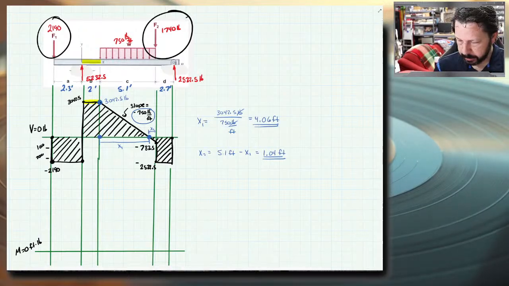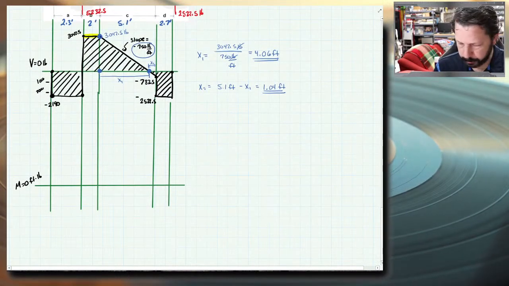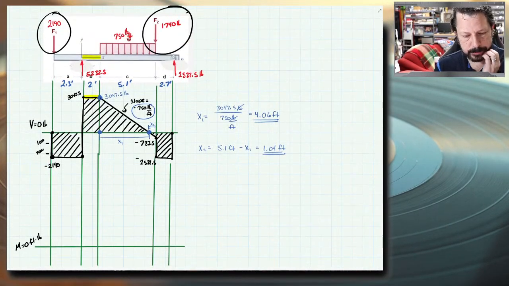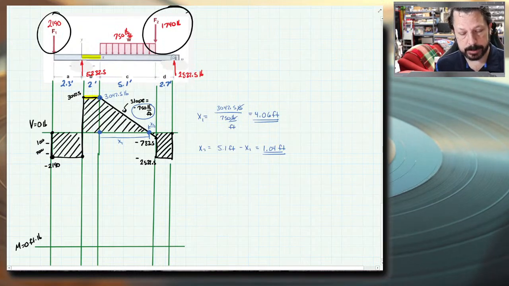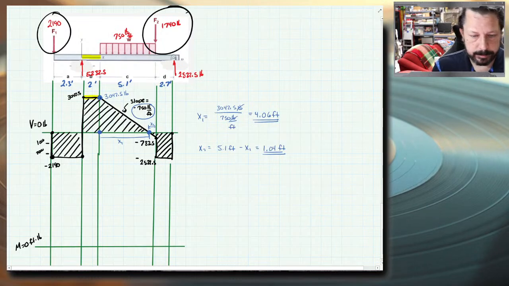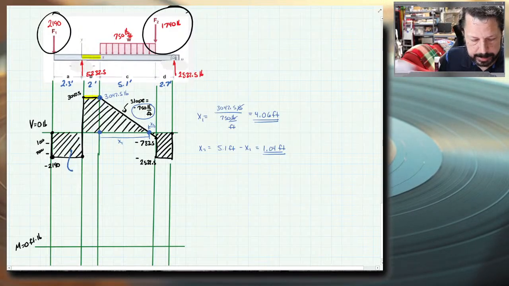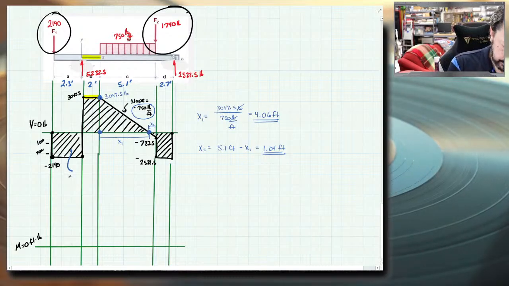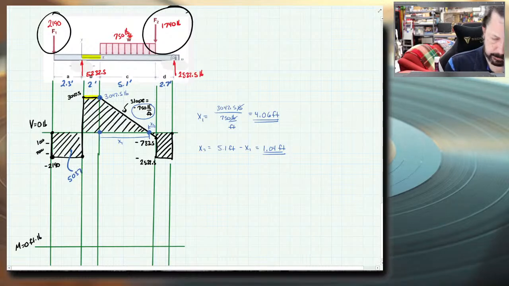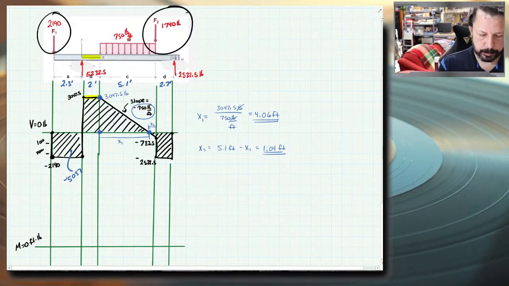Okay. Let's just get a rough idea of what we're going to have. And usually the best way to do that is to break all of these shapes, in this case triangles and rectangles, and do the area of each one. So the area of this guy is negative 2190 times 2.3, so negative 5,037 foot-pounds.